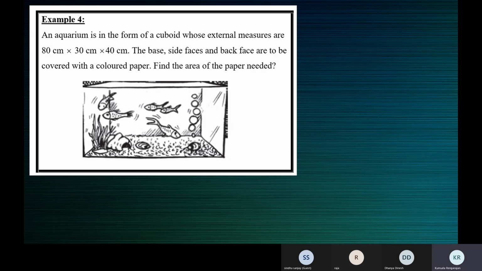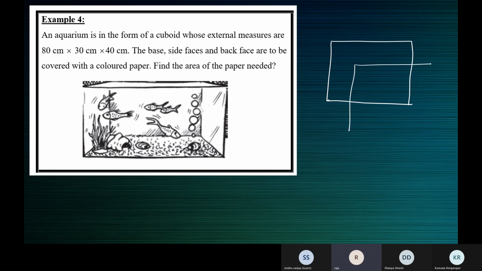All right, children, we understood example 4 in the last class, but I just want to do it again. Excuse me, ma'am. Yes, Raja? Sorry, ma'am. I did not see last meeting's recording. Oh my God.